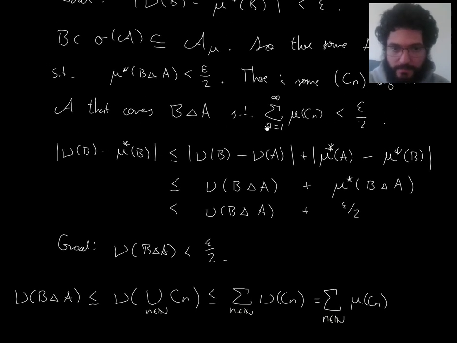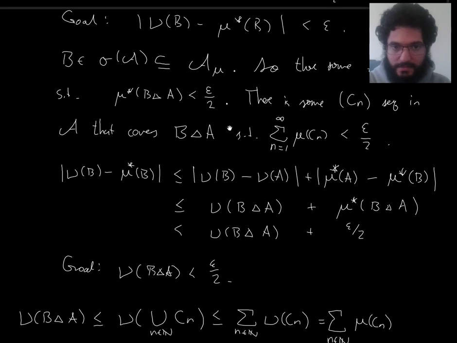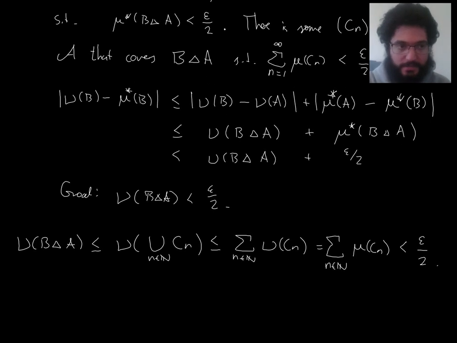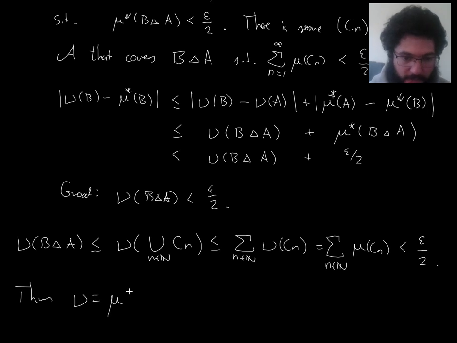So the whole point of this being an approximation from above was that it is an approximation in the sense that it's closer than epsilon over 2. So I think we reached the goal. And that proves one statement in part 3. So therefore nu was mu star, at least the part of it on sigma A, after all.